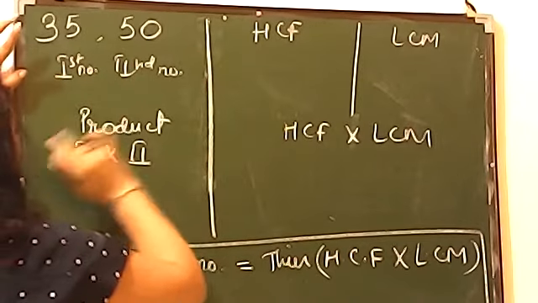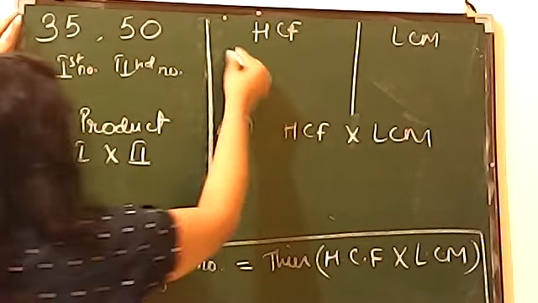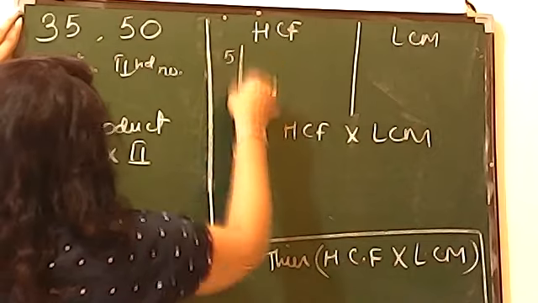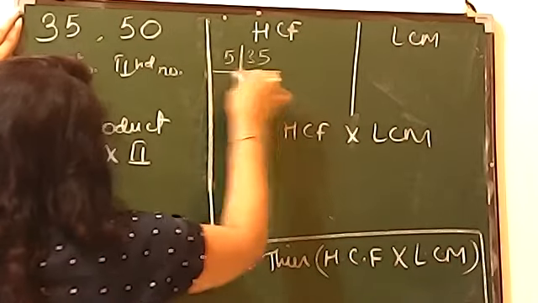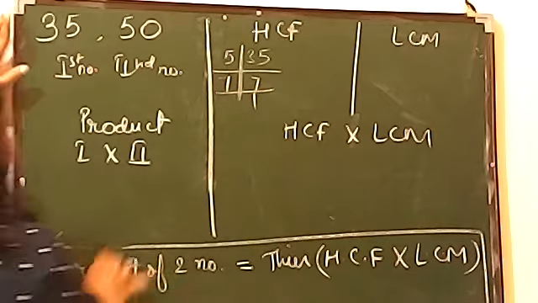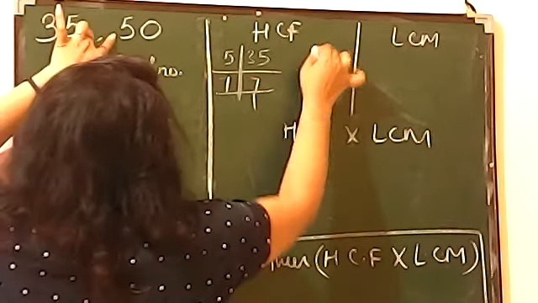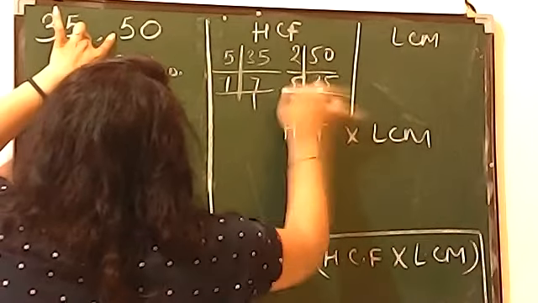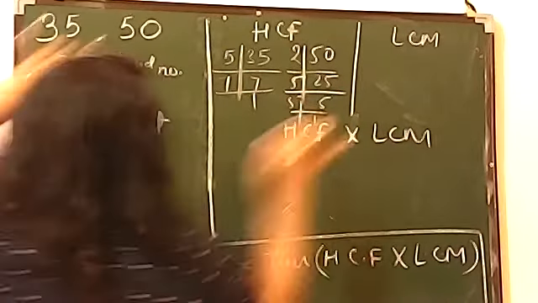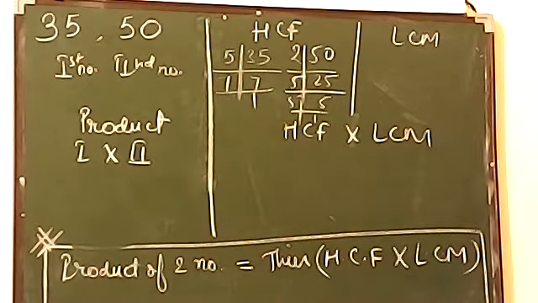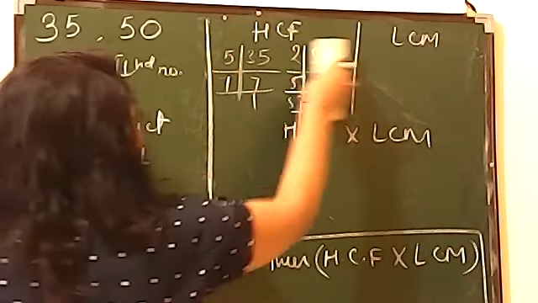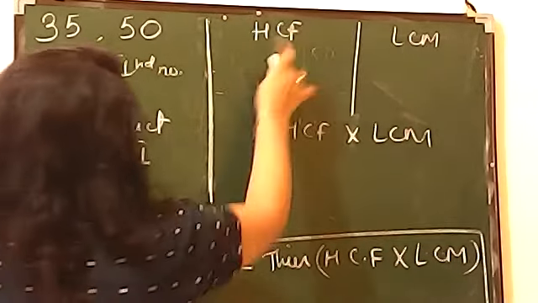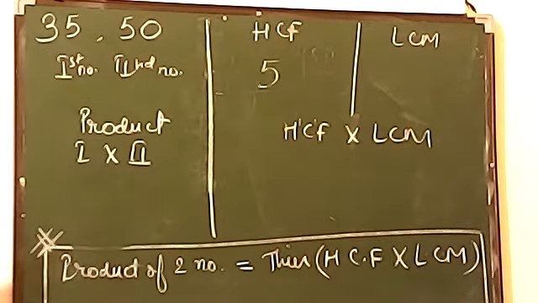If you do it by method, 35 will give you 7, and for 50 it will give you 2, then 25, then 5 and then 5 again. It means you are getting only 5 as common. That means their SCF is only 5. So I am writing over here 5.